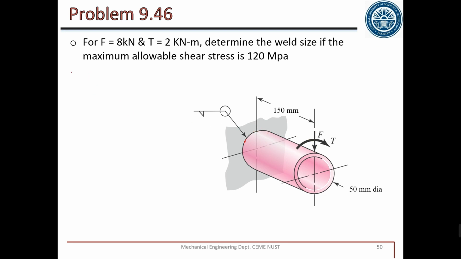Calculating primary shear, the equation is tau prime equal to F by A. What is F? The magnitude is given as 8 kilonewton. And what is A? It is 2 pi r, the length, into the size.